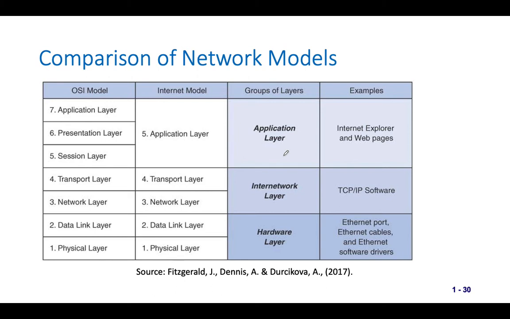Here is a comparison between the IP model and the OSI model. Remember that the IP model, or the internet model, has only, as you can see over here, 5 layers. The other one has 7 layers. They mostly cover the same concepts. However, the functions have been broken down into smaller layers.